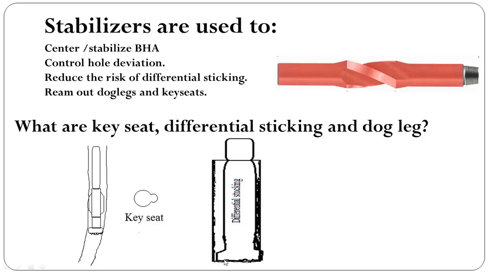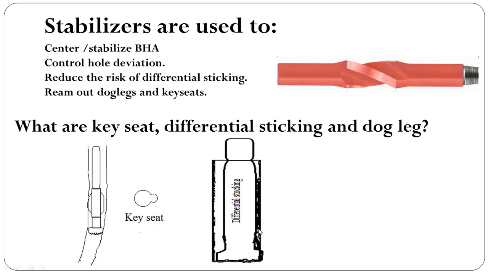So we will have 200 psi differential pressure, and this differential pressure will act on the bottom hole assembly. If the drill string remains static for a long time, this differential pressure will press the string into the filter cake, especially when we are drilling a directional well, because in a directional well the drill string or BHA will be lying on the low side of the well bore.